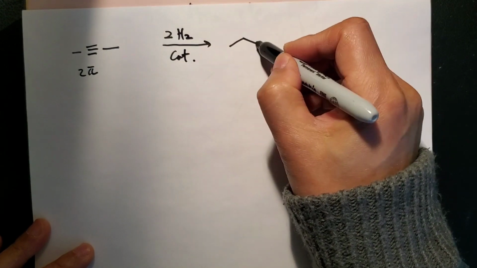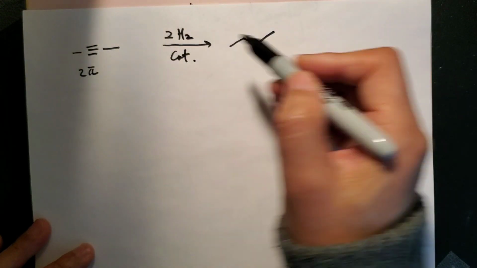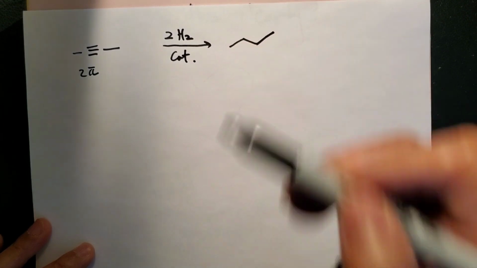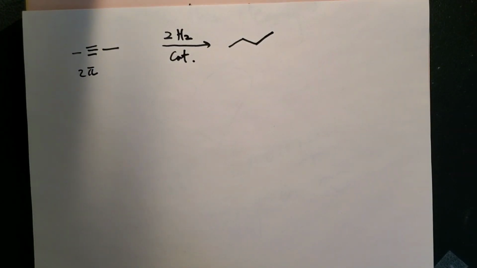So you ended up having butane, and these 2 carbons correspond to these 2, where you find 2 additional hydrogens each, and they're from these 2 molecules of hydrogens.